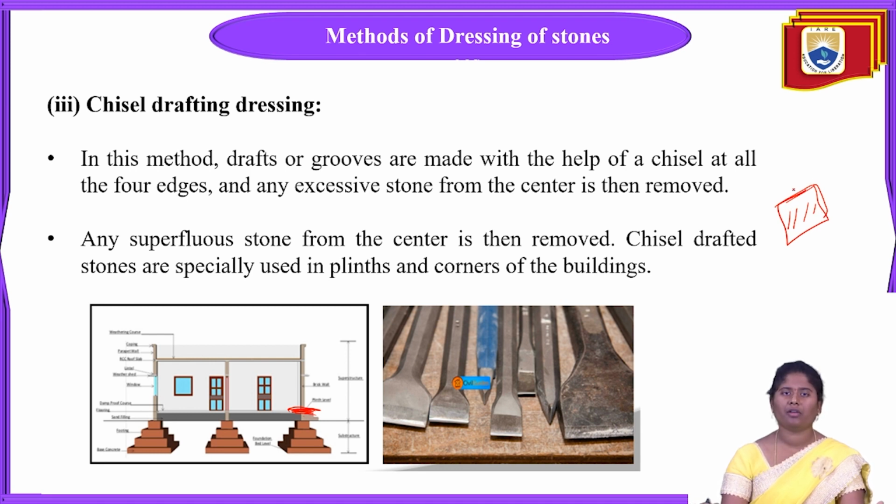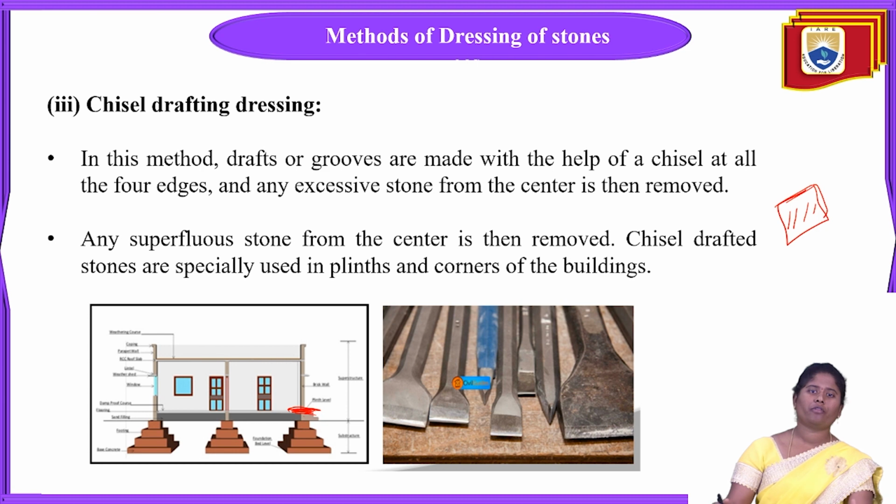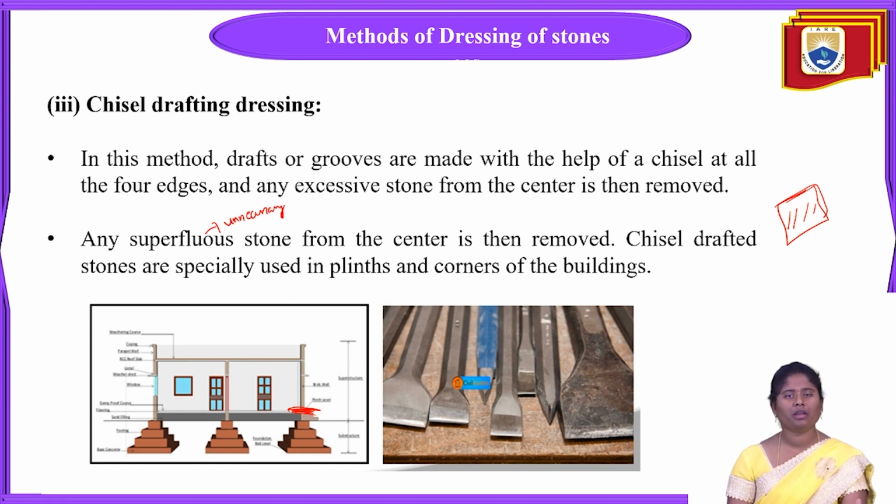Okay. And in the center, if there are some stones that are not flat, we are going to remove that excessive part from the center. And next, any excessive superfluous stone, superfluous being nothing but unnecessary, is to be removed from the center, because if any unnecessary stone is there, then the bedding process of that plinth beam cannot be easily fixed.